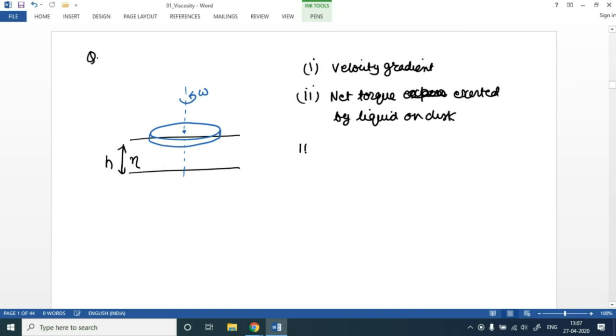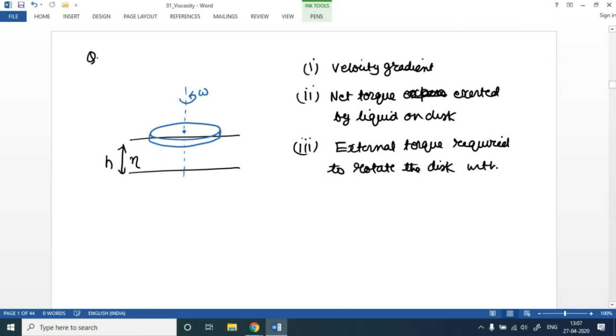And the third thing is the external torque required to rotate the disk with constant angular velocity.